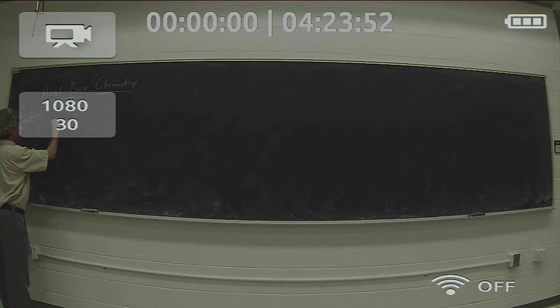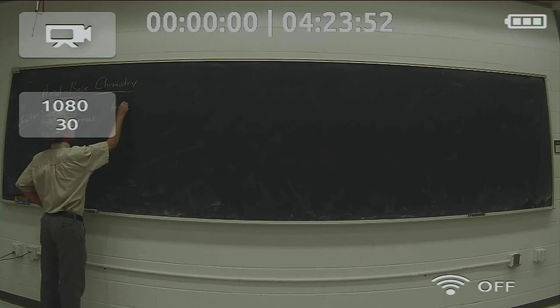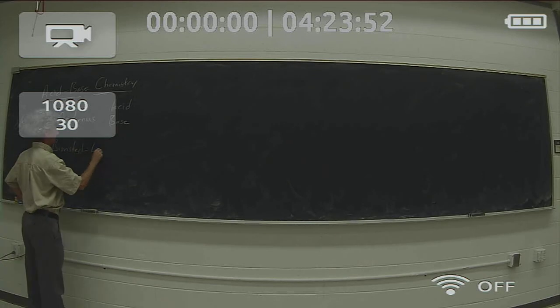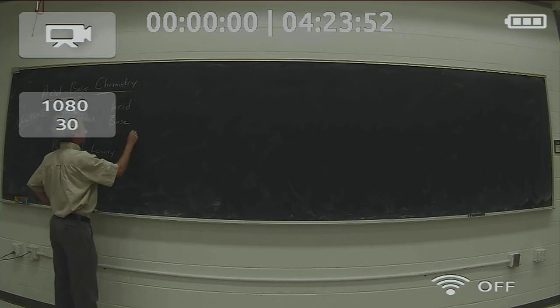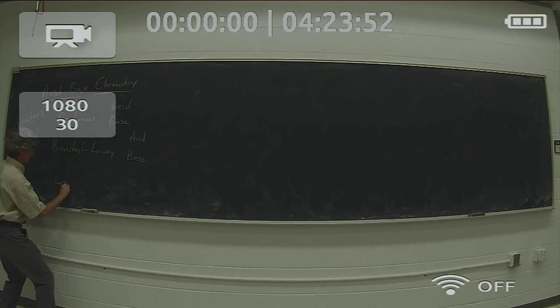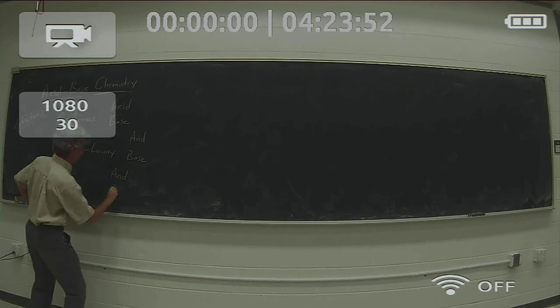And those are Arrhenius, you should know how to define Arrhenius acids and bases; Bronsted-Lowry, define Bronsted-Lowry acids and bases; and Lewis. We should be able to define Lewis acids and bases.